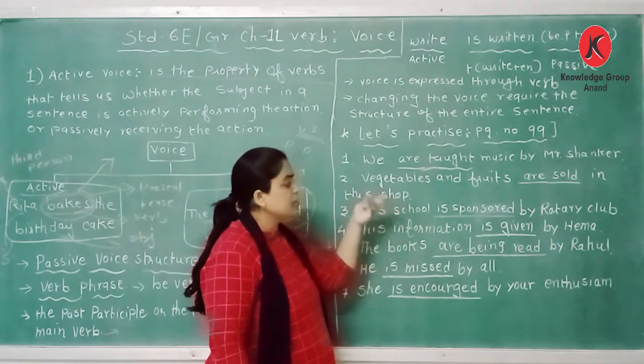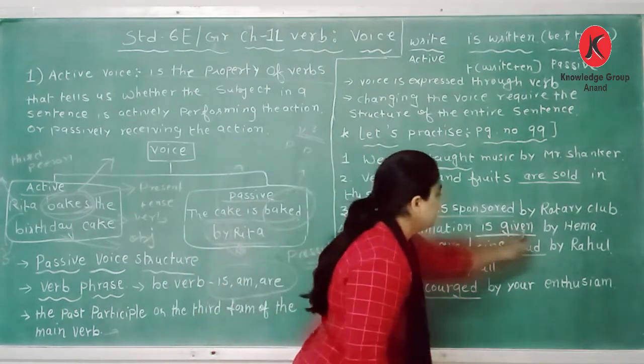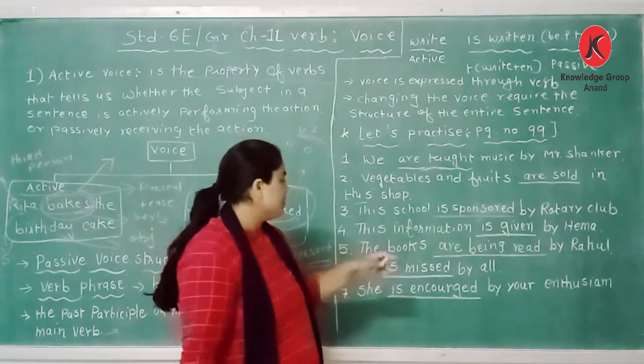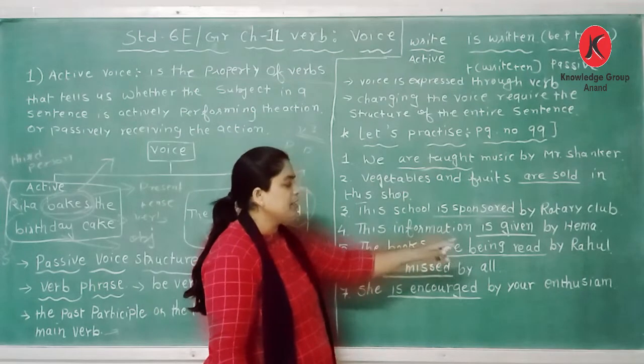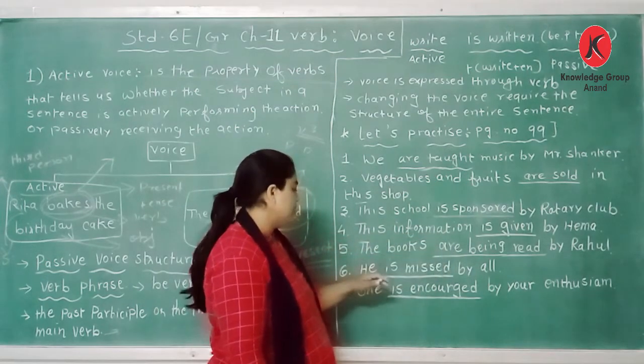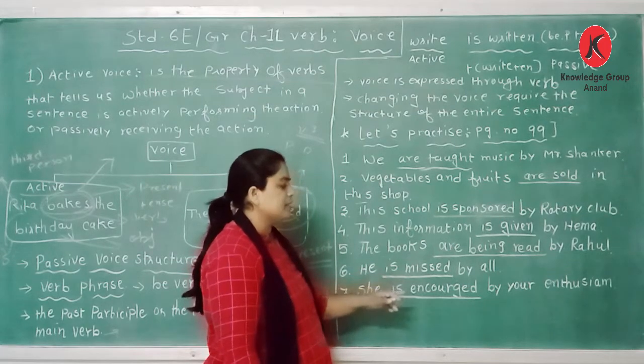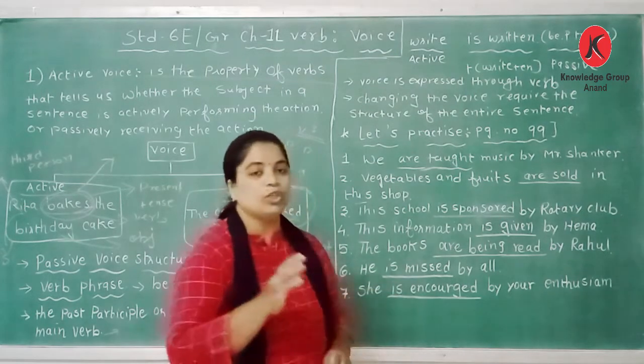This information is given, third form is en. There are regular and irregular verbs I have taught you. The books are being read by Rahul. He is missed by all and she is encouraged by your enthusiasm.